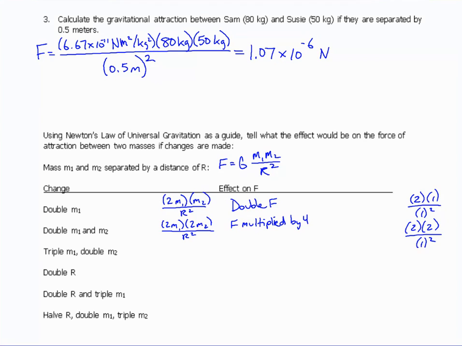If you triple mass 1 and double mass 2, here's what we've done. Force is multiplied by 6.